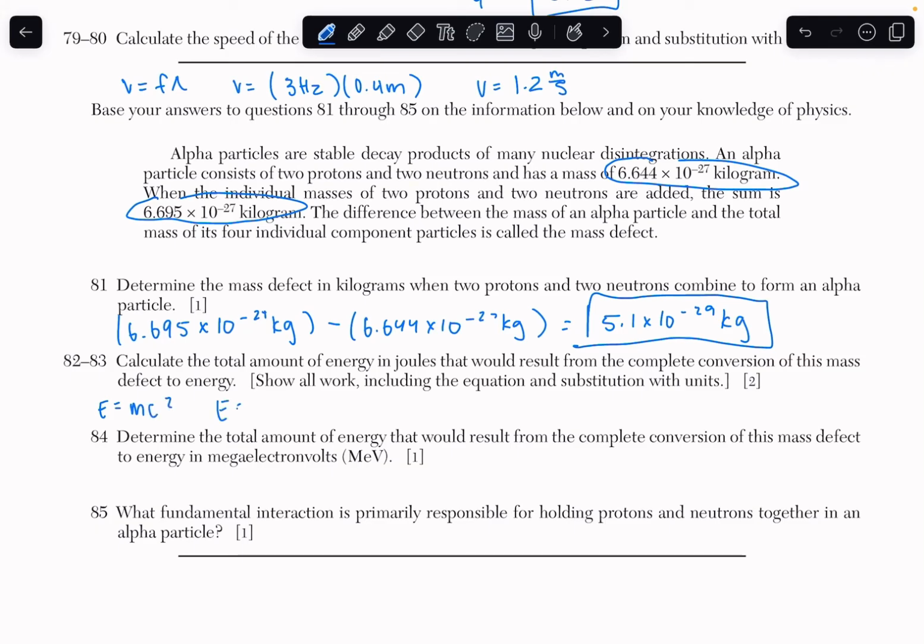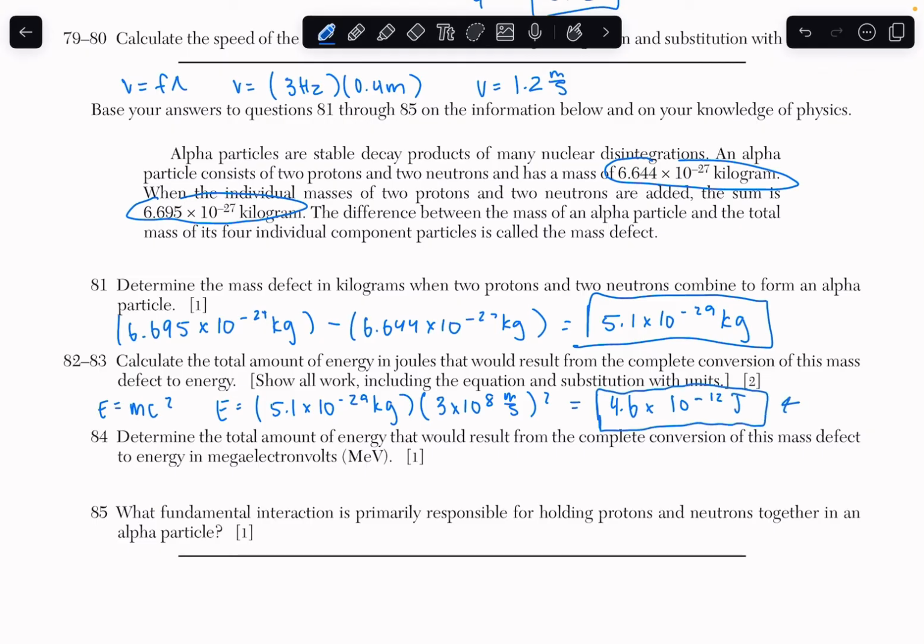E equals mass, our mass defect, 5.1 times 10 to the negative 29th kilogram. c is a constant, the speed of light, which is 3 times 10 to the 8th meters per second, and you have to square that. After you solve that out, you're going to get 4.6 times 10 to the negative 12th joules.